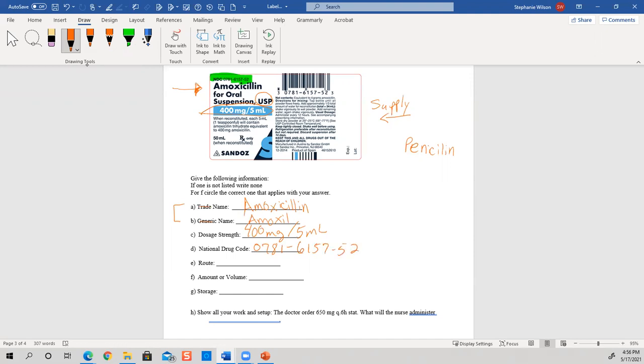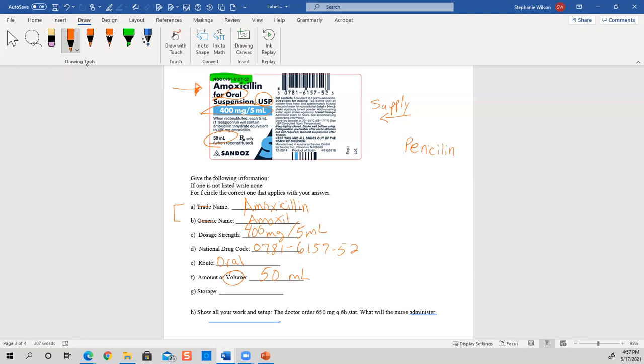And then the route. Well, we'll have to go up and read about it. And what does it say about the route? Oh, looky here. It says oral suspension. It's oral. Now, is it an amount or volume? This is talking about the whole package, not per serving, right? The whole package. Well, it's in volume, right? Because it's milliliters. So I would circle volume, and the whole total is 50 milliliters.